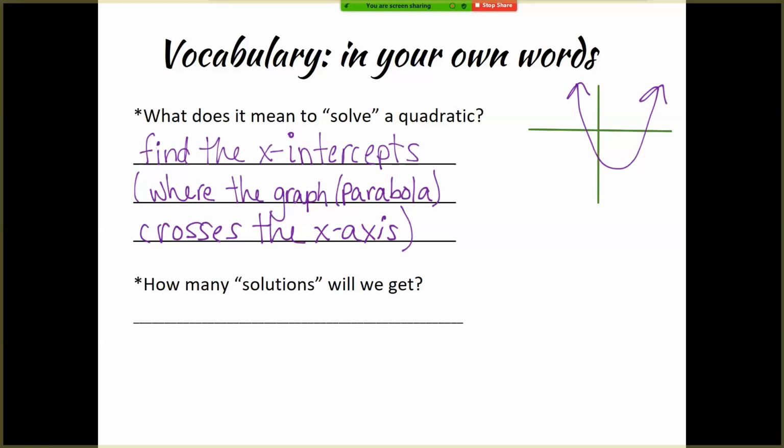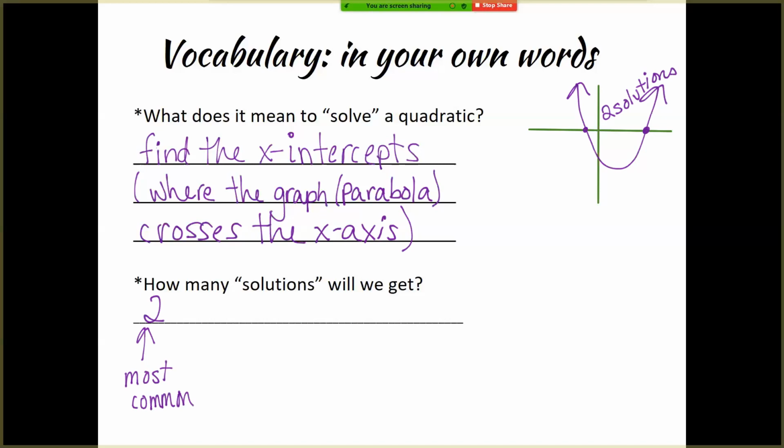How many times does the graph that I just drew cross my x-axis? 2. So this would have 2 solutions because it's crossing the x-axis twice. This is the most common. So most commonly, you have 2 solutions.